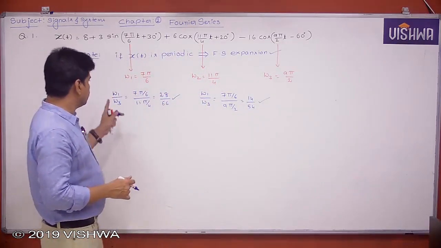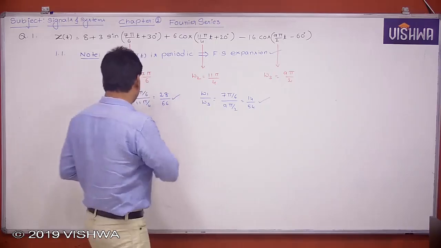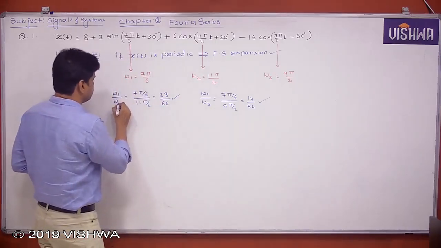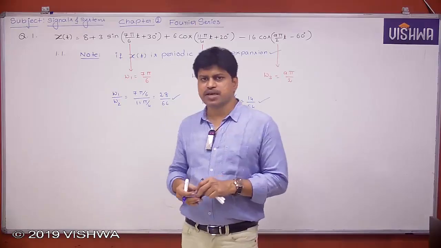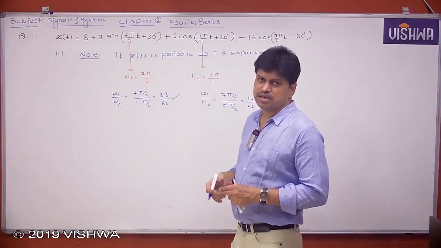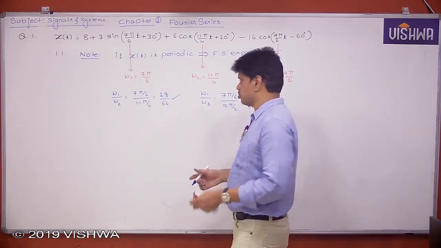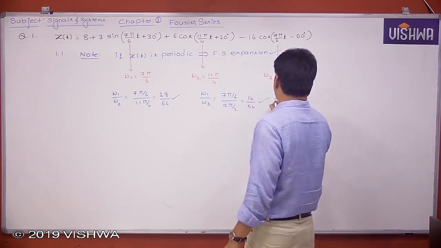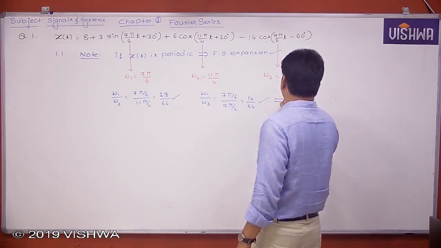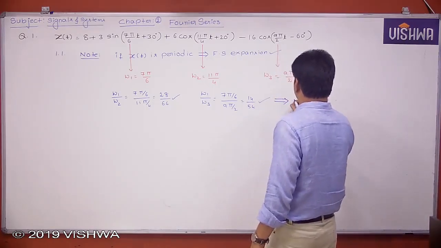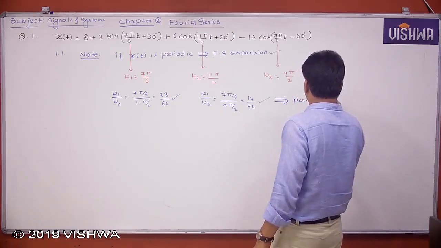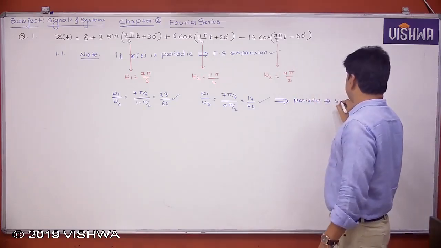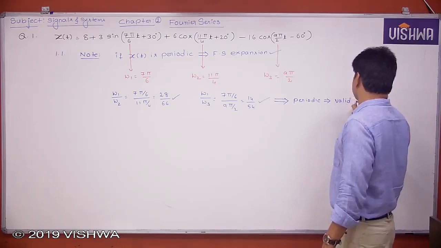From this, omega 1 by omega 2 and omega 1 by omega 3 are both rational numbers. So can I simply say x of t is a periodic signal and it is a valid Fourier series expansion? Periodic implies valid Fourier series expansion.